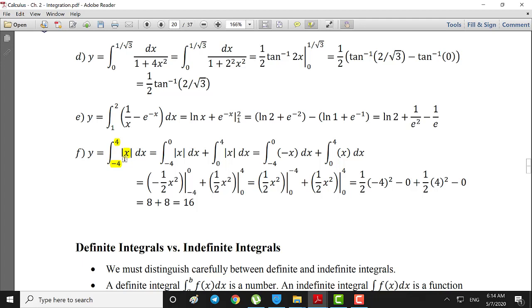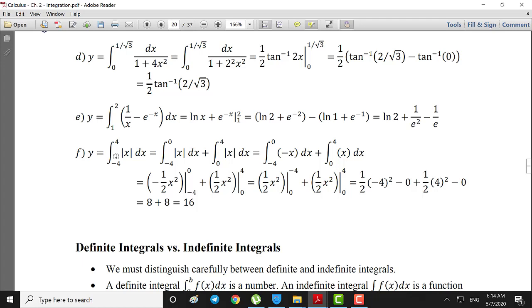So, if we divide this integration into two integrations, where in the first one x only has the negative values, and in the second one x only has the positive values, then our problem with this absolute value function is solved.